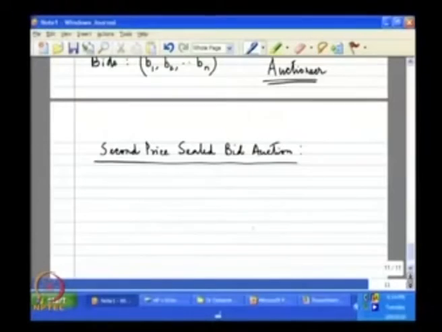Now, in general auctions, the auctions that we are familiar with, price starts from a very low value and it goes up. If it goes up, then I can imagine that any bidder will have a maximal amount of bidding beyond which he or she will not go.